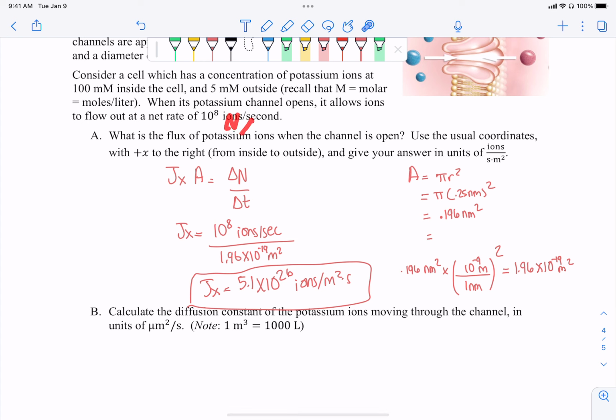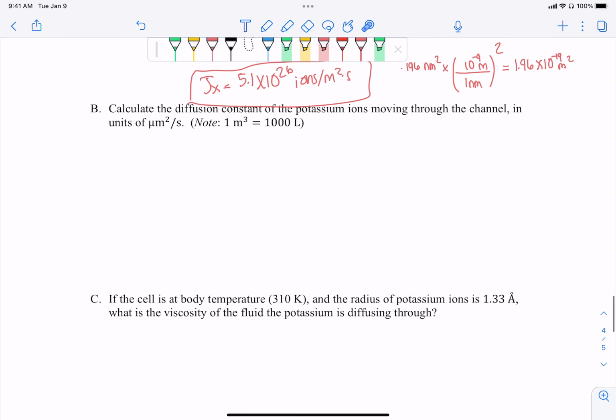So this is already delta n over delta t. So this whole thing becomes 10 to the 8th, and then we divide it by the area to get our flux. Yeah, with net flow of ions. Any other questions about part A?